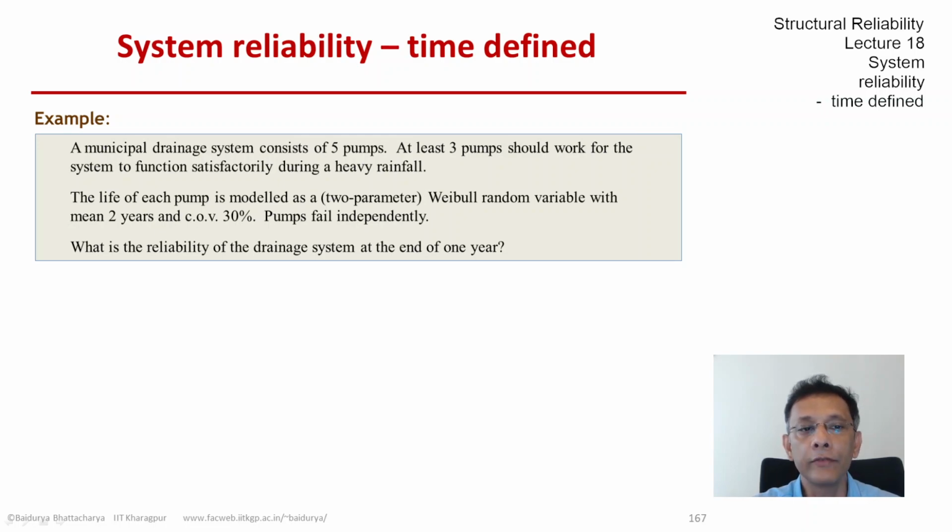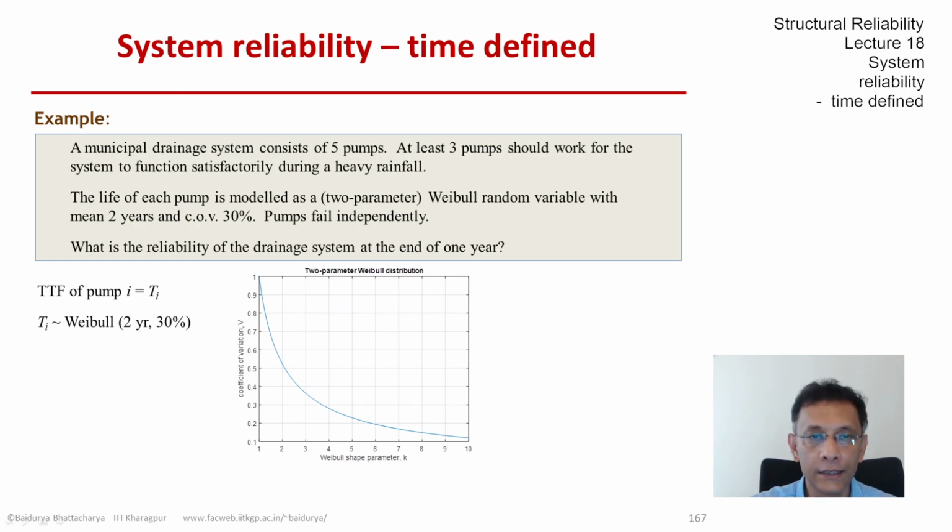So what we have is a 3 out of 5 system. Each TTF, as I said, is Weibull distributed. So T_i is Weibull with a mean of 2 years and a COV of 30%. We need to find the two Weibull parameters, u and k.